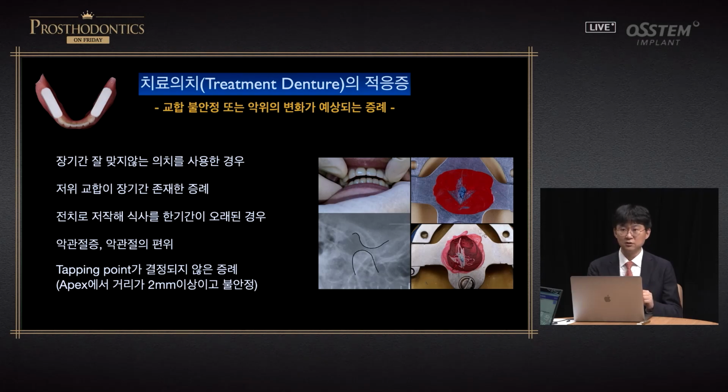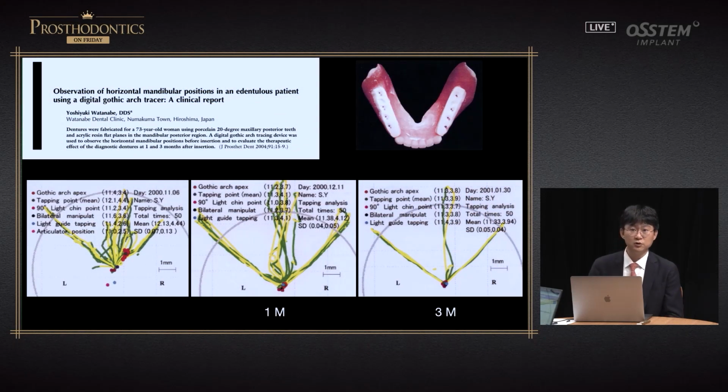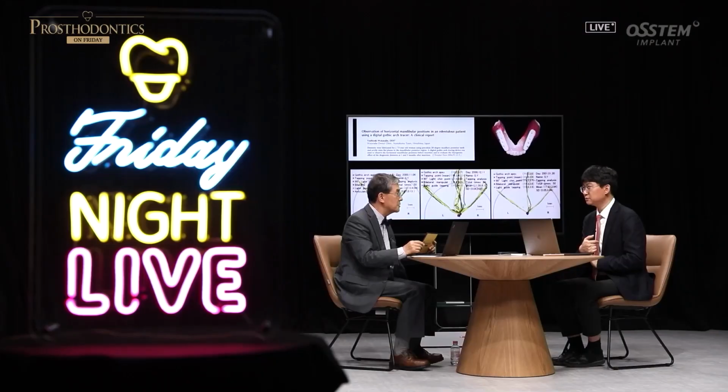For example, a patient is chewing using a very anterior position. The effect of a treatment denture based on Dr. Watanabe's case report: if it is used for about a month in a patient with very unstable tapping, it is known that the chewing position would become consistent with the position that we are lightly guiding.